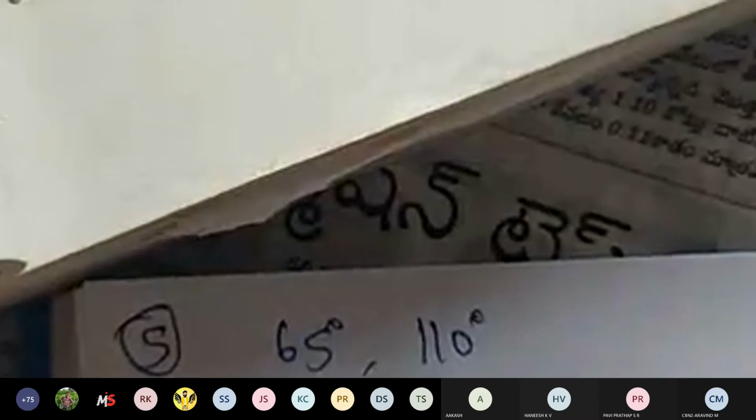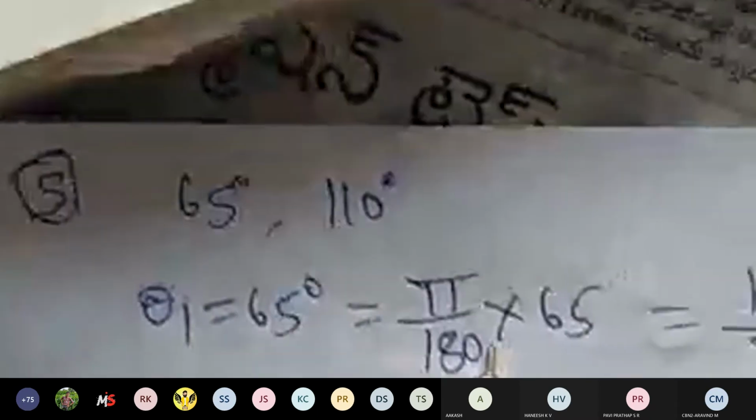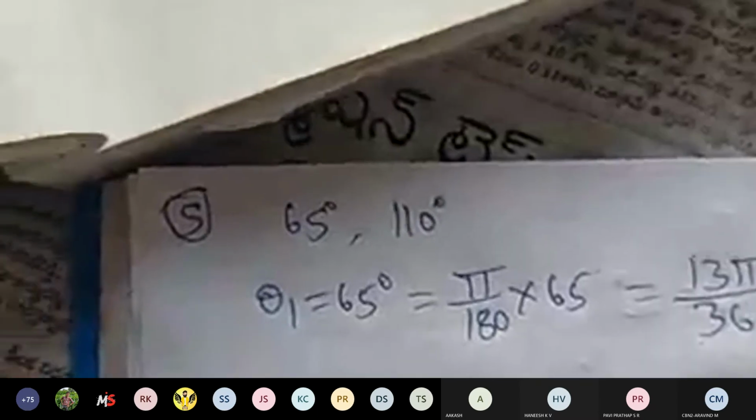So theta 1 is equal to 65 degrees. Converting to radians, we write pi by 180 into 65. Already you know 13 5s are 65 and 36 5s are 180. Next, theta 2 is 110 degrees, pi by 180 into 110.